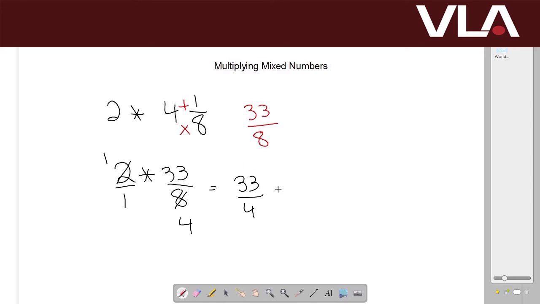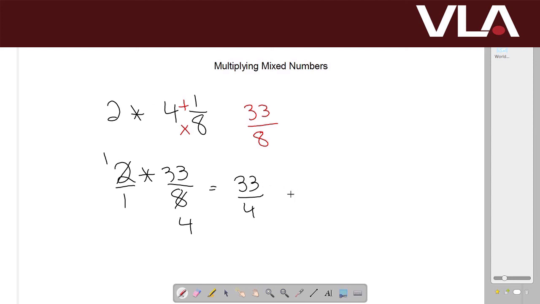Now, a lot of the time, if you get an improper fraction, Edgenuity or other places will ask for the answer to be in a mixed number. To get that, it's a method I showed you last time. We take this number and see how many times 4 can go into 33.